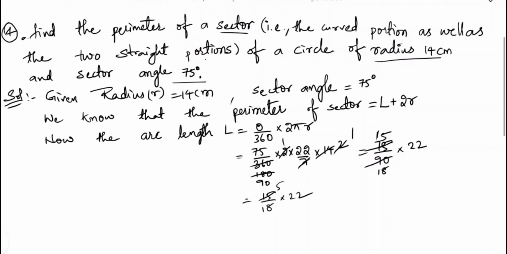So 3 fives are 15, 3 sixes are 18. So we got 5 by 6 into 22. 2 threes are 6, 2 11s are 22. So 5 11s are 55 by 3 centimeter. So this is the arc length.